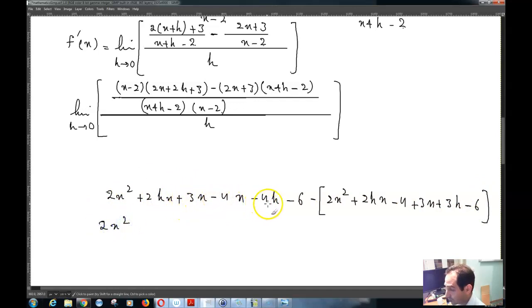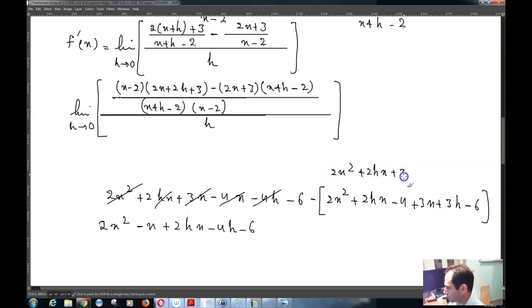2x squared. 3x minus 4x is equal to negative x, and you have plus 2 times hx minus 4h minus 6, and over here you have 2hx, and so this is 2x squared plus 2hx plus 3x plus 3h, negative 10, and then negative multiplied by this whole thing gives us negative 2x squared, negative 2hx, negative 3x, negative 3h plus 10.